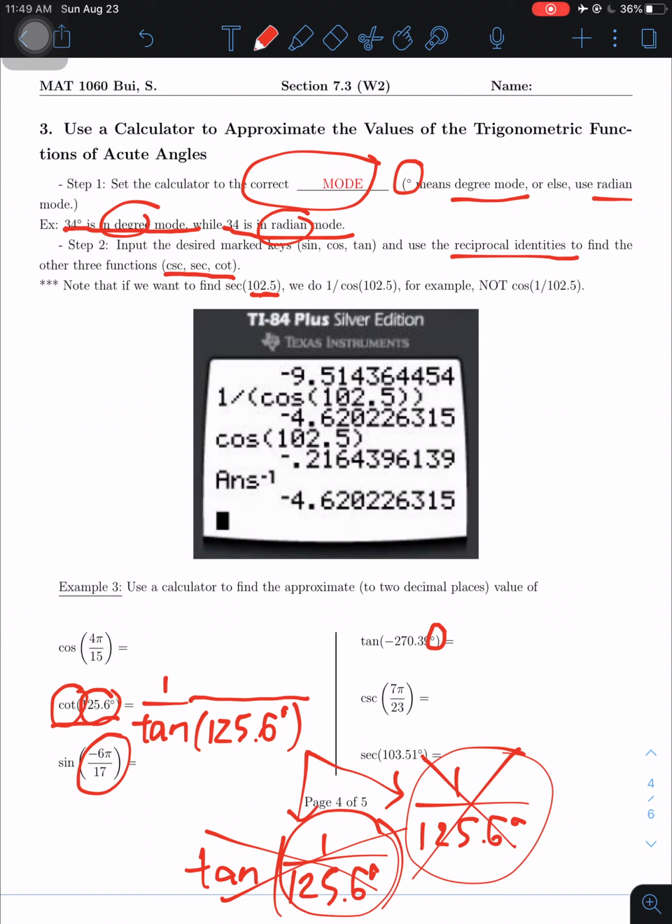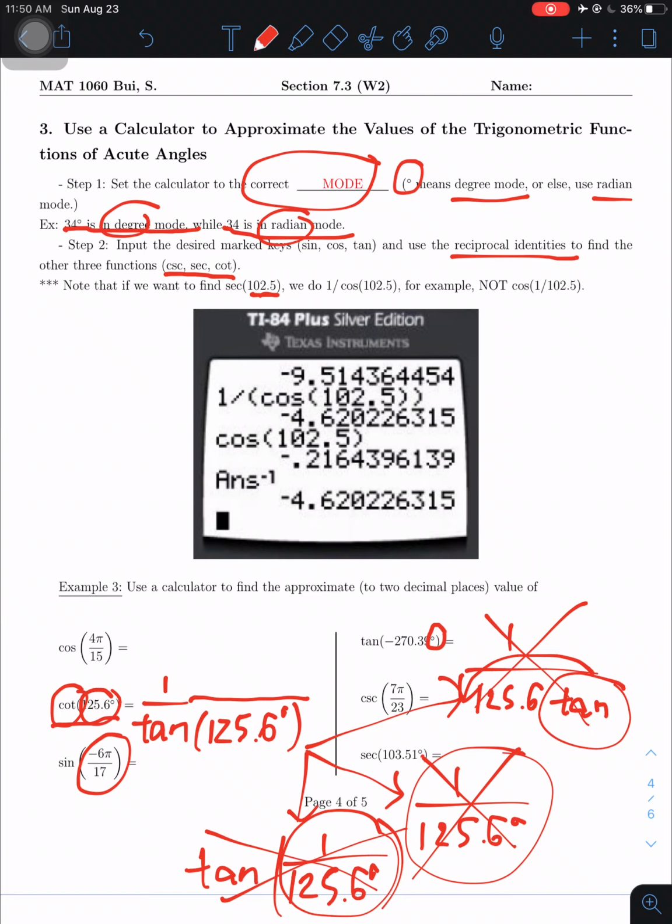Another common mistake that I see a lot of people making is that you do 1 over 125.6 tangent. This is wrong. Whatever function you're using, it has to be in front of the number. It cannot be after the number or the angle.